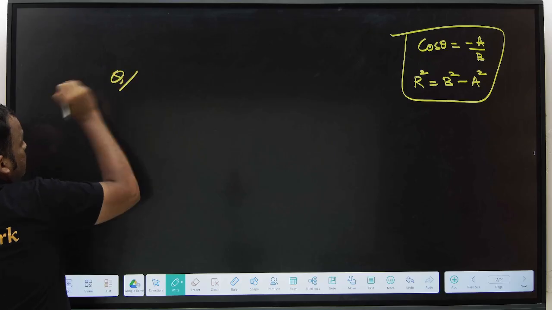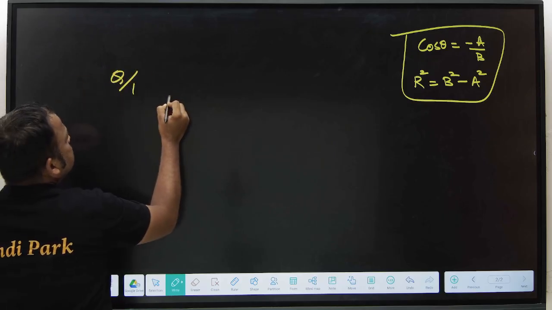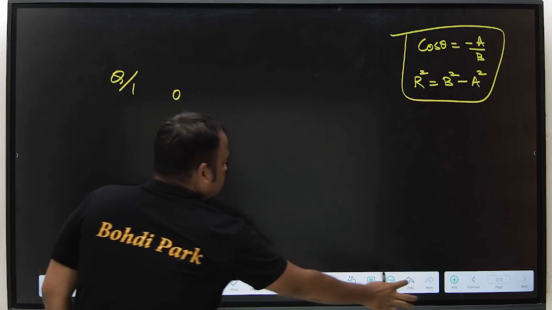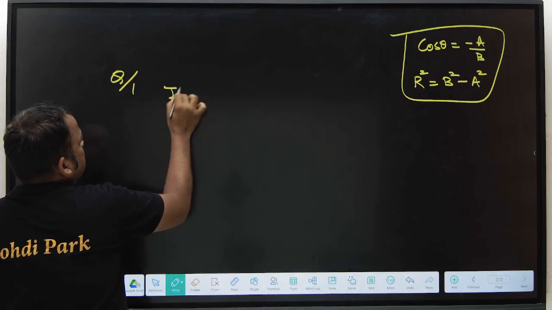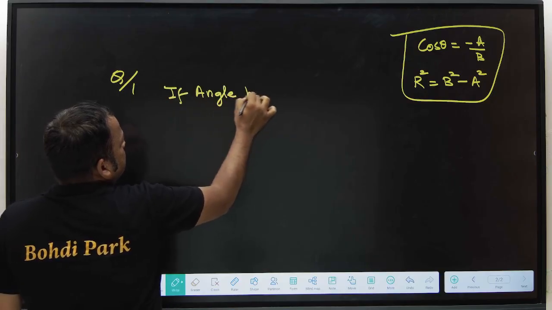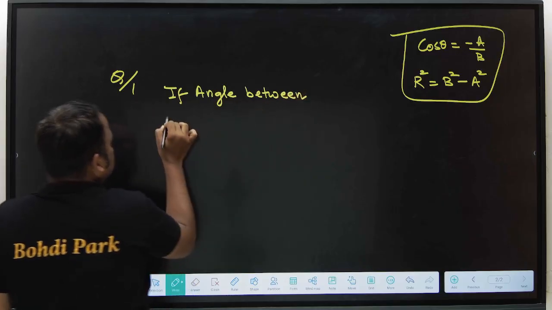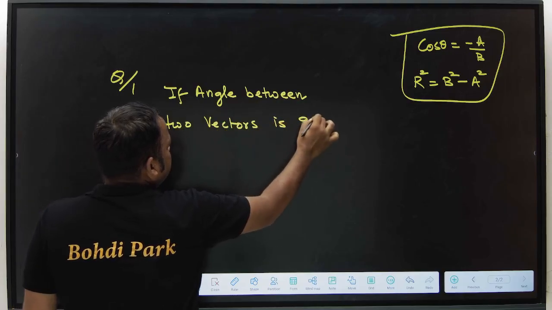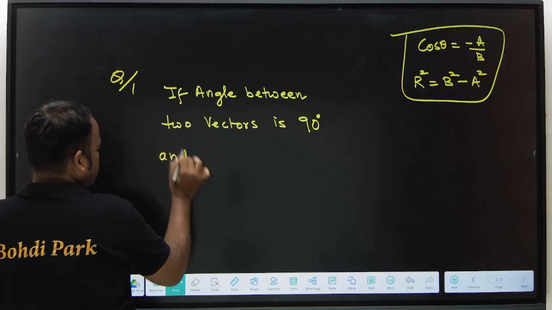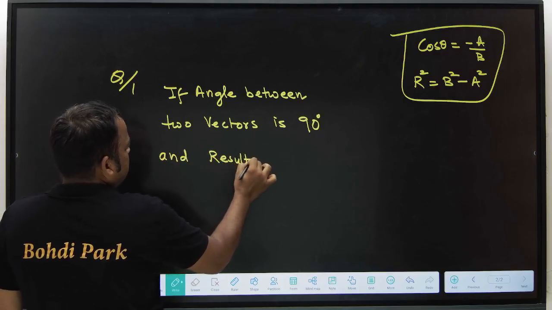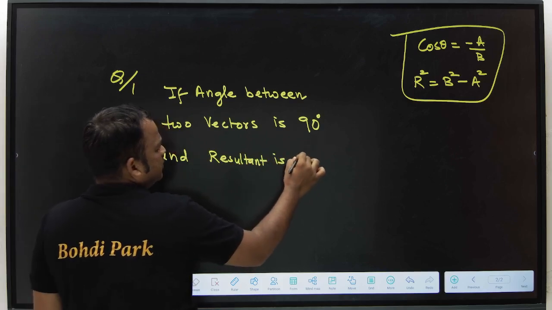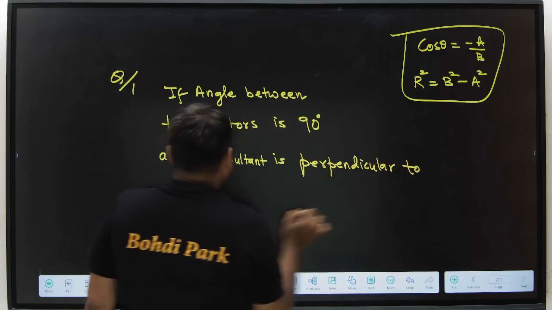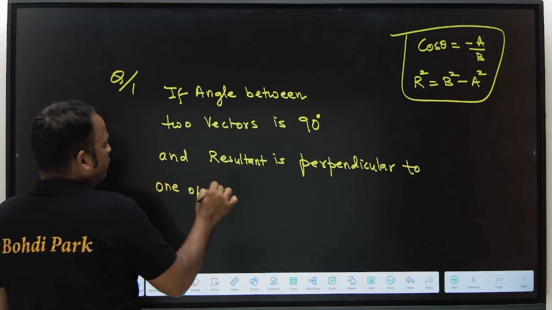Now let's do first question. Angle between two vectors is 90° and resultant is perpendicular to one of the vectors.